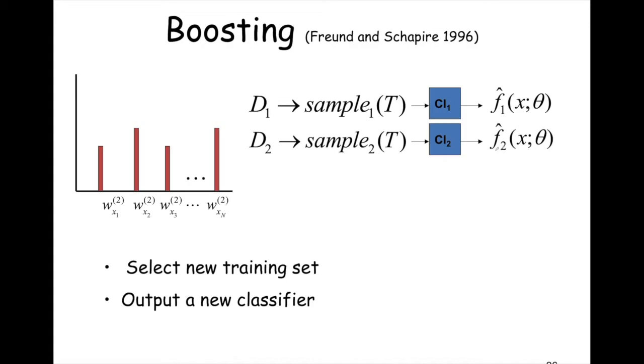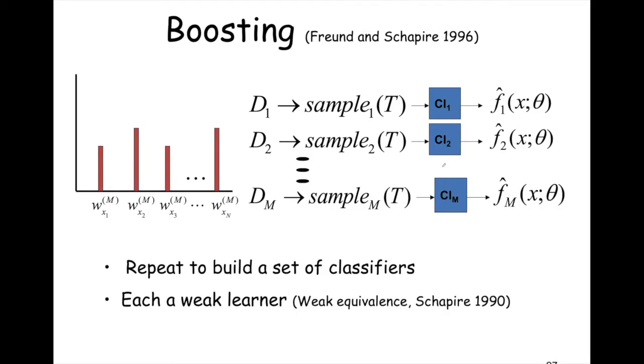So now you output your new classifier and you repeat this so-called boosting sequence again and again. You take the errors from that second component classifier, you boost the weights associated with the error-prone instances, and then you use that to create a new distribution to sample from. Rinse and repeat. You do that some number m of times, so you have a boosting sequence of m component classifiers, and you keep repeating this and build a set of m classifiers.